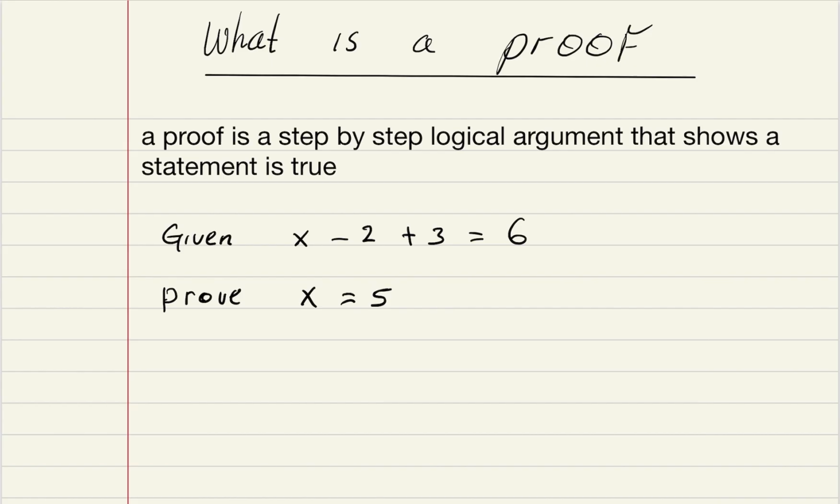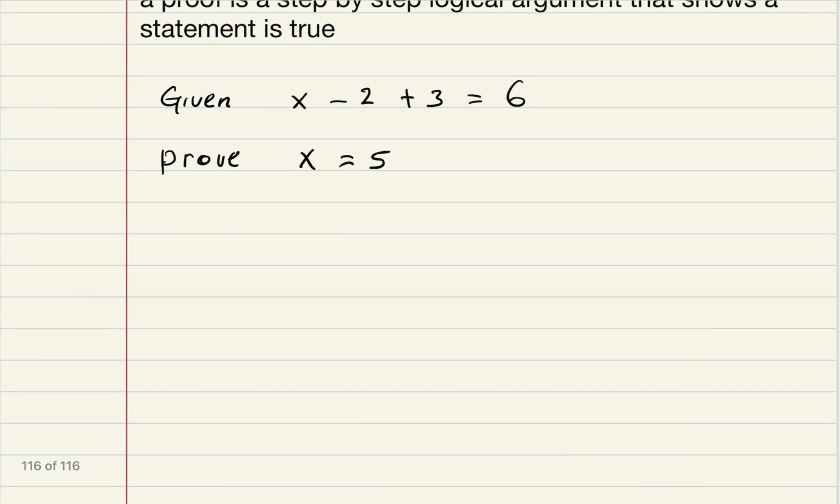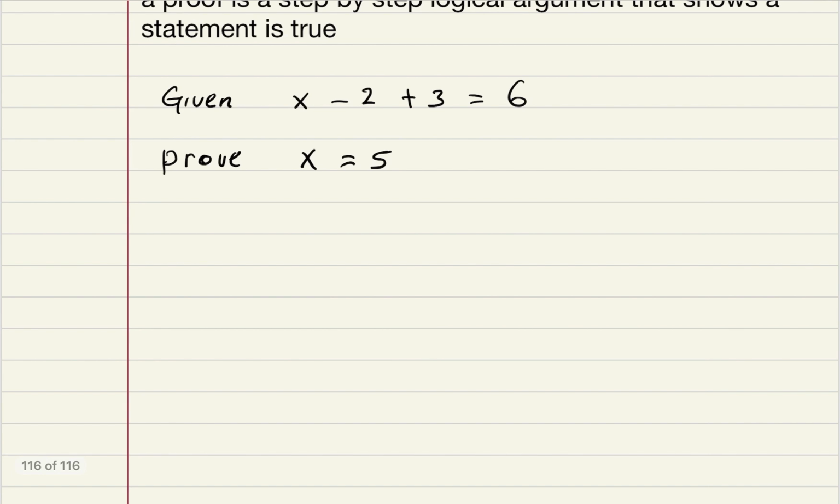So we have to go through logical steps that prove why the statement x is equal to 5. So we're going to use a two-column proof where on the left side we have statements or equations, and the right side we have the reasons for those statements.